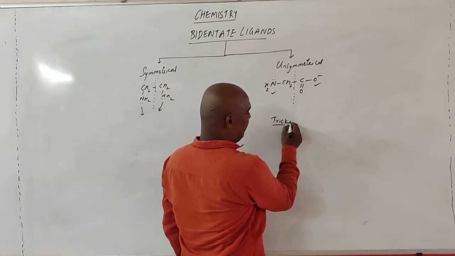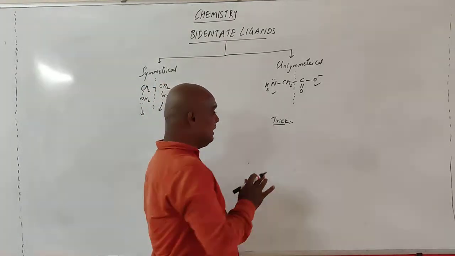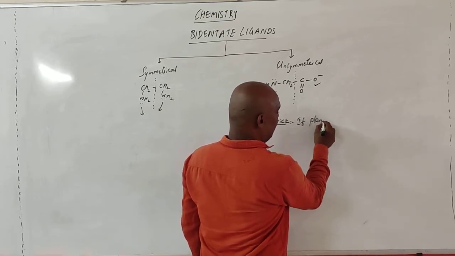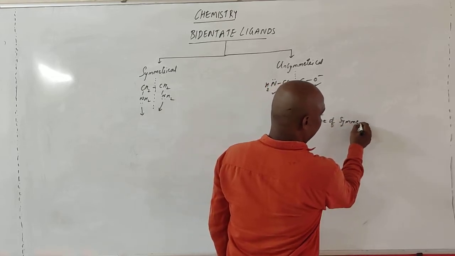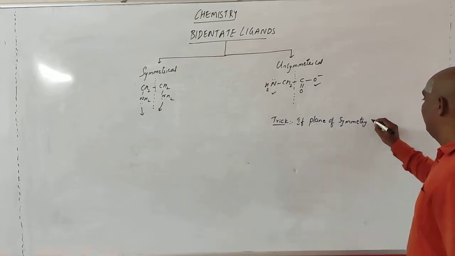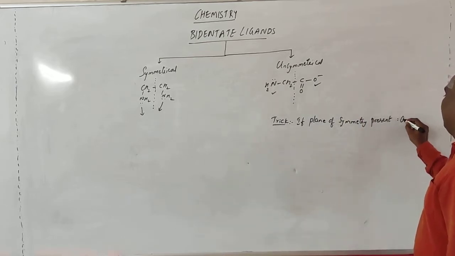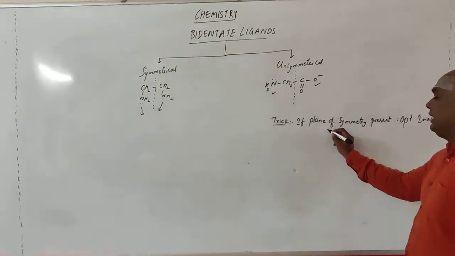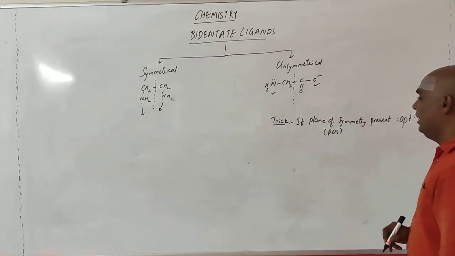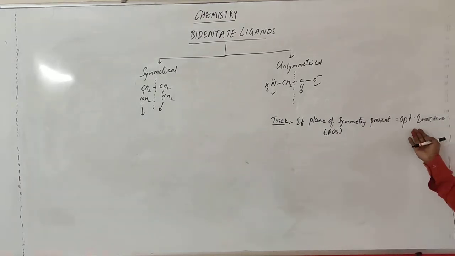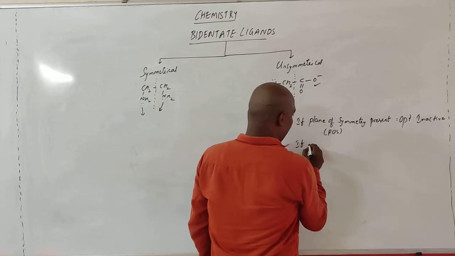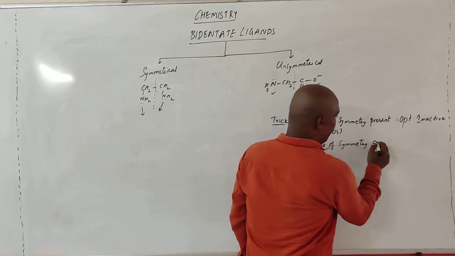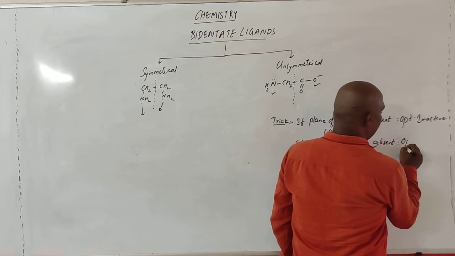This is a trick, a shortcut. If a plane of symmetry, indicated with POS, is present, then it is an optically inactive compound.